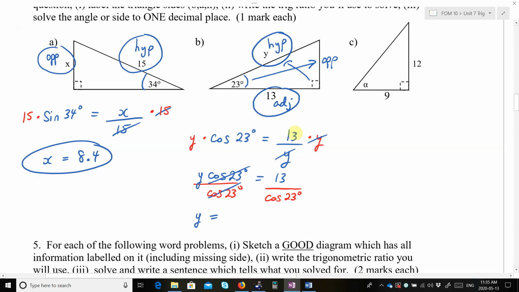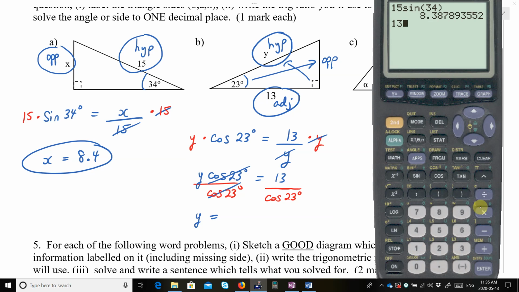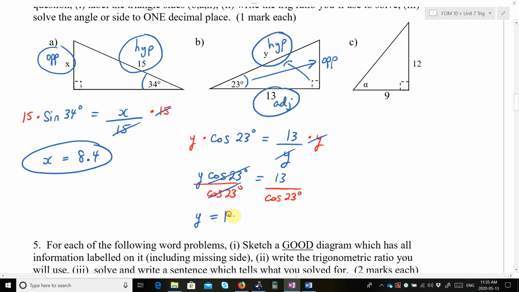So 13 divided by cos 23, and we get 14.1. They don't have any units, so we'll just leave it like that.